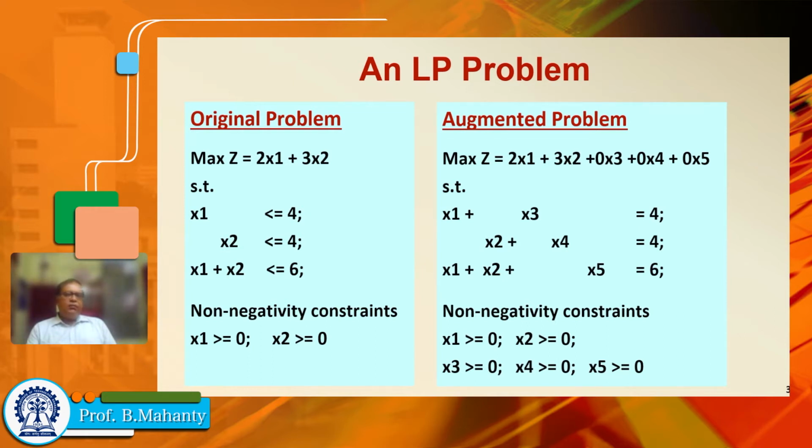Why we call them basic variables, I'll explain a little later. They form what is known as a unity matrix, 1, 0, 0, 0, 1, 0, and 0, 0, 1. And because the matrix is in that form, we say these equations are in canonical form. And this canonical form is very important.